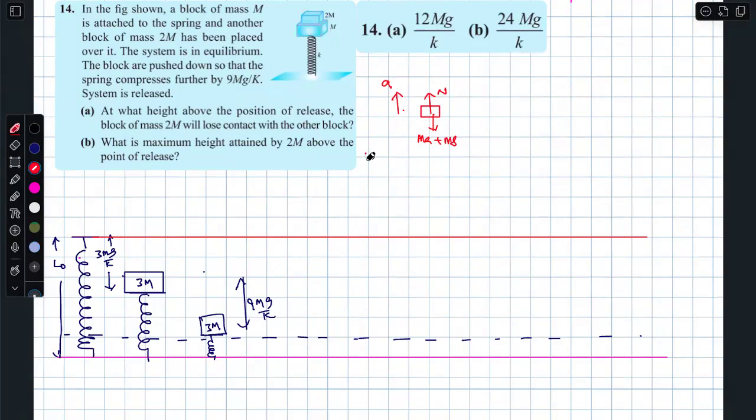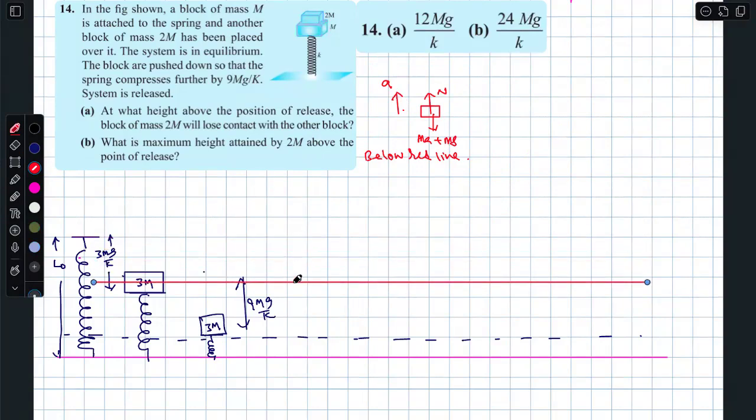Okay, below the red line, or at least below the equilibrium position.